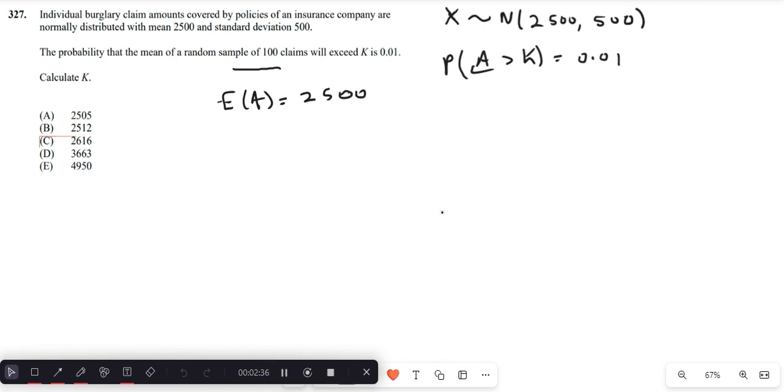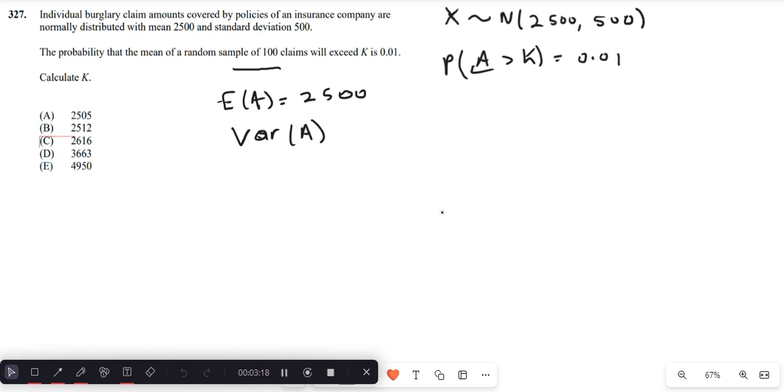Remember that whenever we have identically distributed random variables and we want to find the average of a certain amount of them, the average is going to be the same as the expected value of each of those variables. I don't think the independence is relevant in this case. So that is the concept that I used here. Hope you're seeing that. And now I need to find the variance of A.